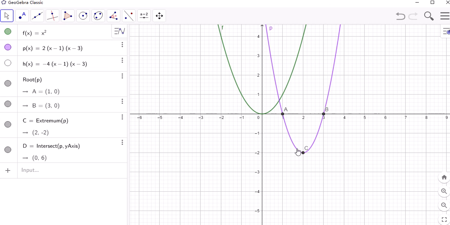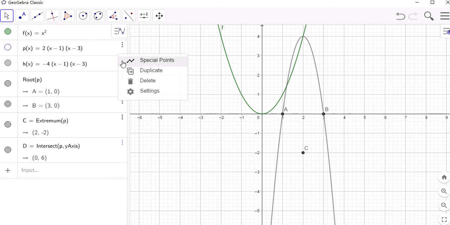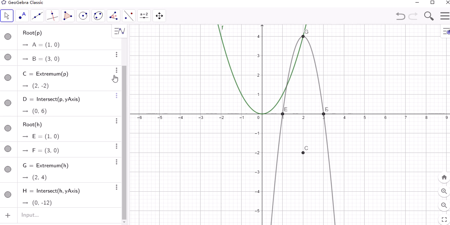And the third one is the minimum point C. The coordinate is 2 and -2. The y-intercept is 0, 6. Cannot show here.